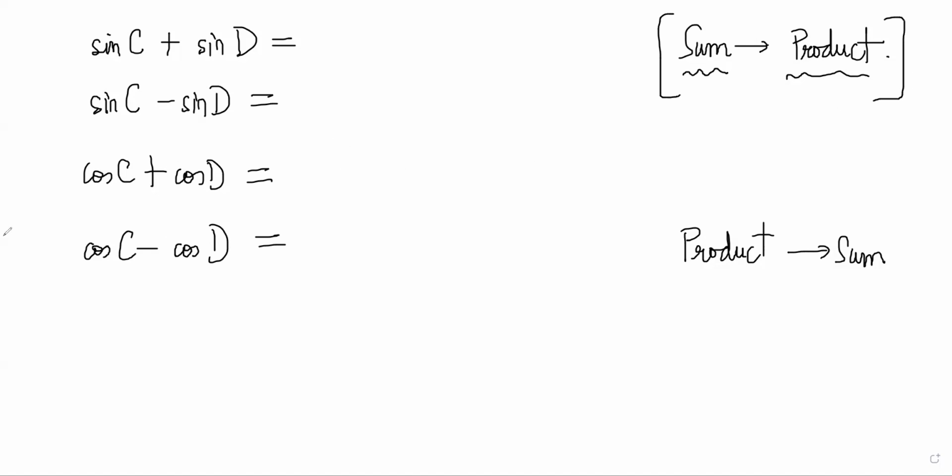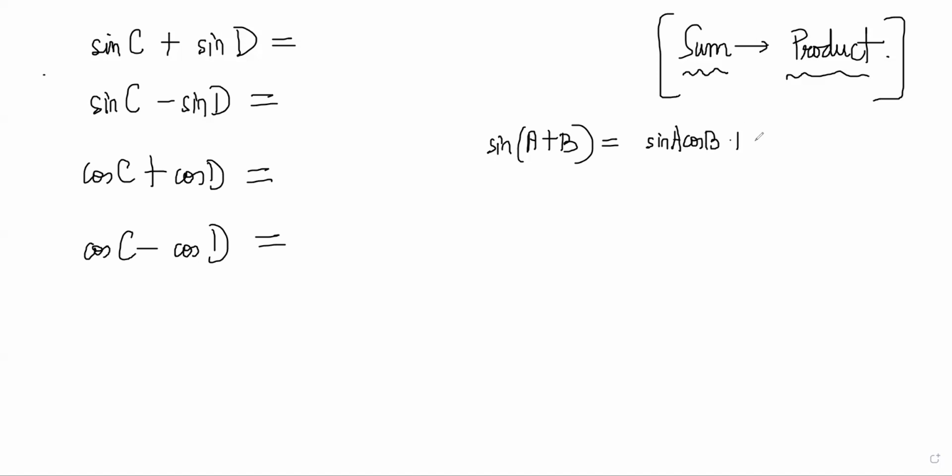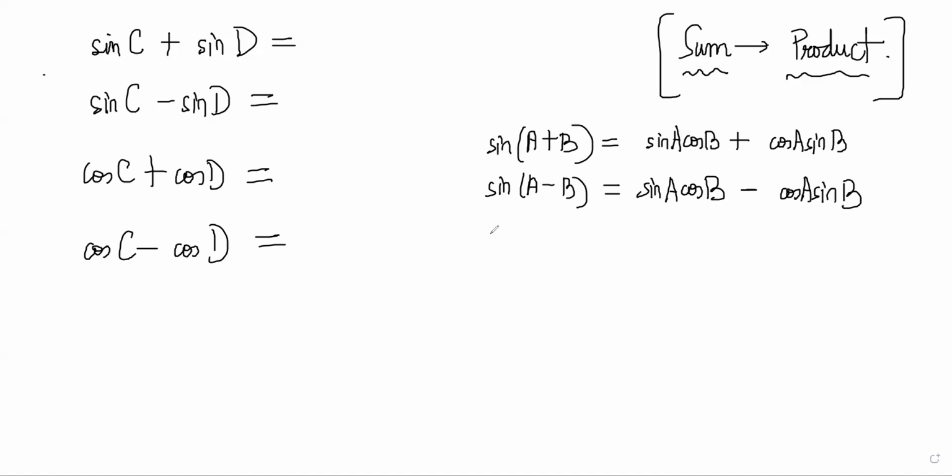We have already derived sin(A plus B) and sin(A minus B). We have already seen sin(A plus B) is sin A cos B plus cos A sin B, and sine of (A minus B) is sin A cos B minus cos A sin B. So what happens if I just simply add?